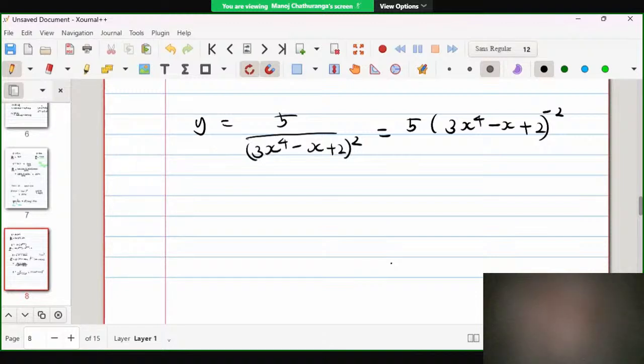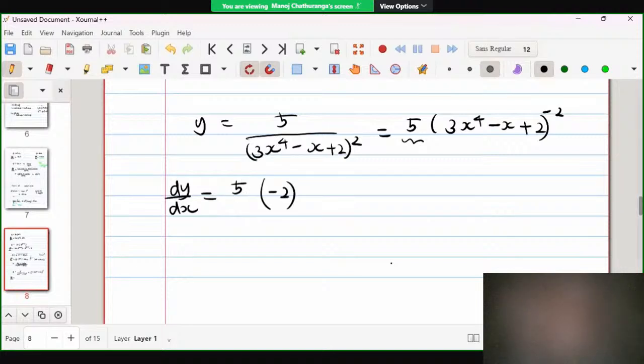Now this 5 in front is not a problem. I can think of it as a constant, so this is a function multiplied by a constant. I can apply the constant multiple rule. I will keep it in front and not worry about it.